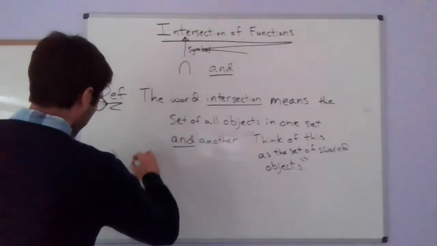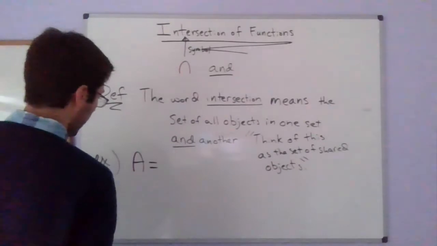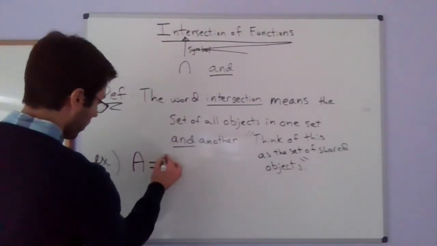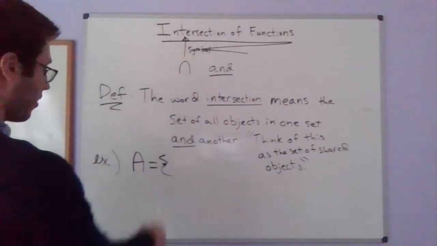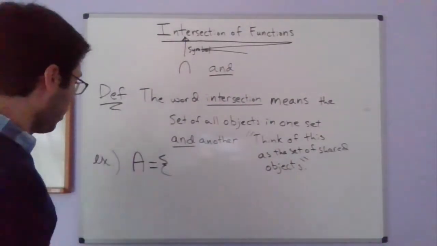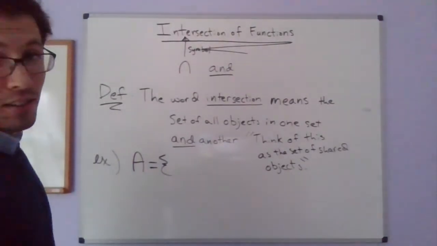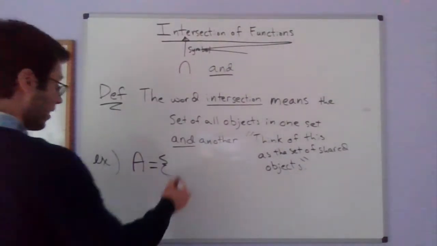So let's say you have one set A, and a set is just a bunch of objects. This is the symbol for a left brace. That's how we denote the beginning of the set. And it has some objects. They don't even necessarily have to be numbers, but numbers are always nice to deal with.